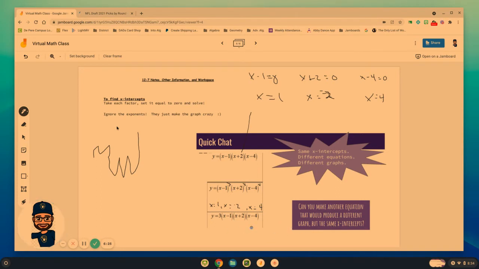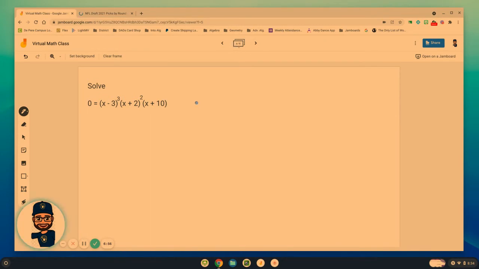The same thing is going to happen on the last one. There's just a GCF of 3 that got pulled out front. So we'd still have the same x-intercepts or the same solutions. The graphs would be different, though. So if you ever get polynomials with multiple factors, even if there are 4 of them, as long as they're all factors being multiplied and the equation equals 0, we can solve by setting each factor equal to 0. Now the question is, how do we go and solve something like this?